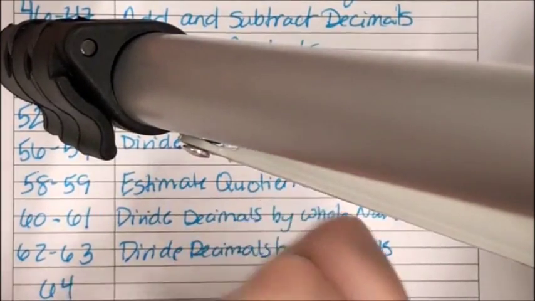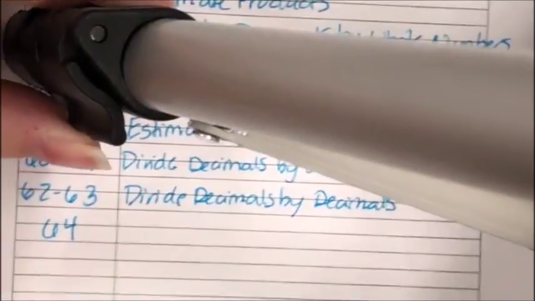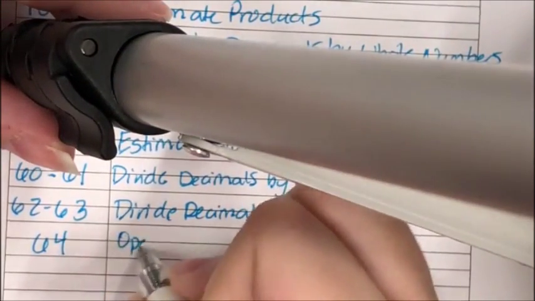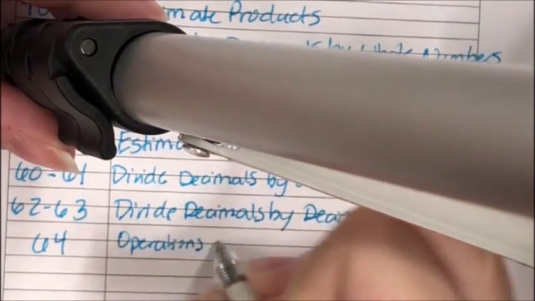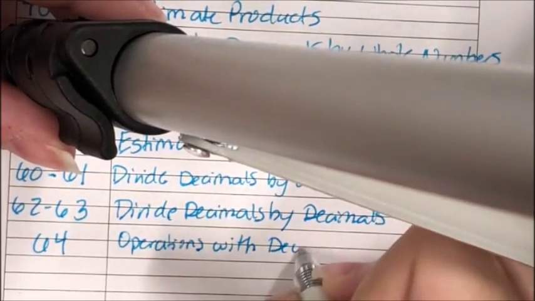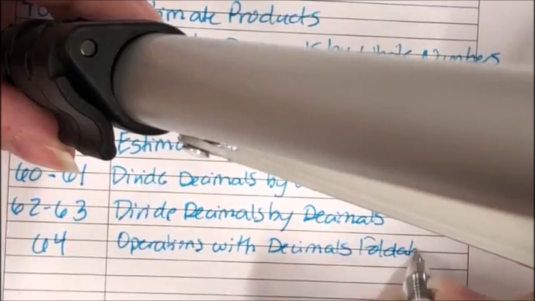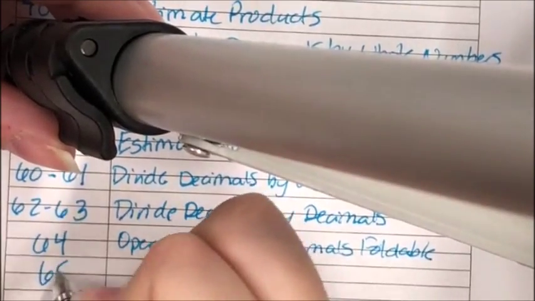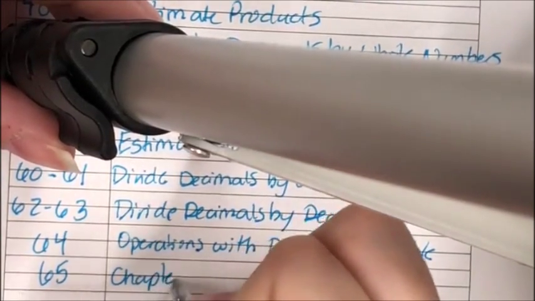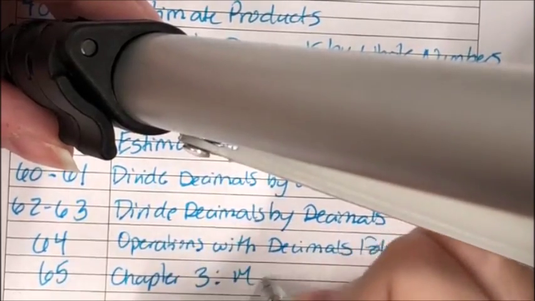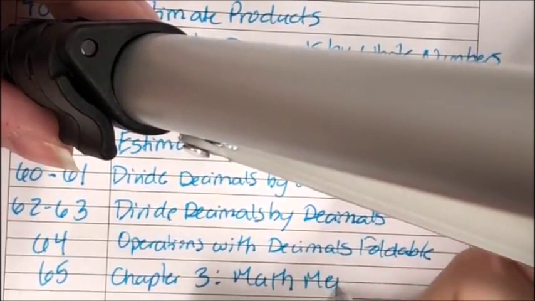Page 64 is operations with decimals foldable. And page 65 is your chapter 3 math menu.